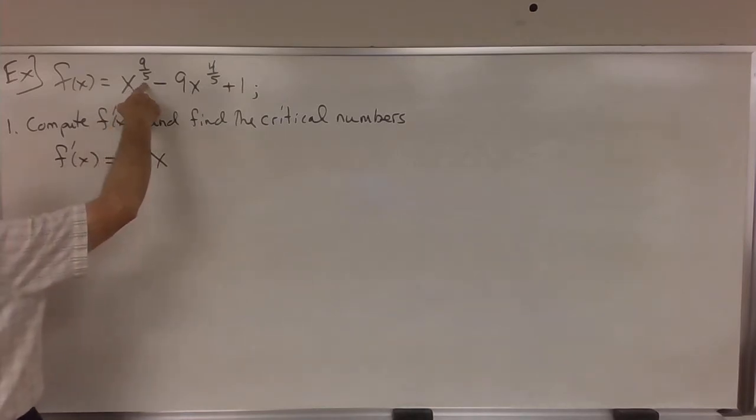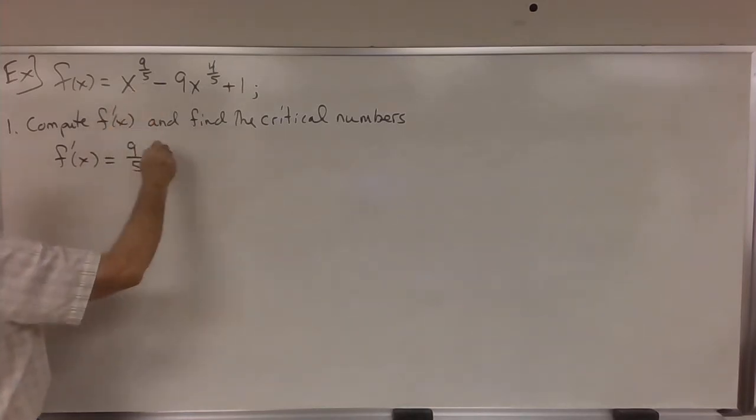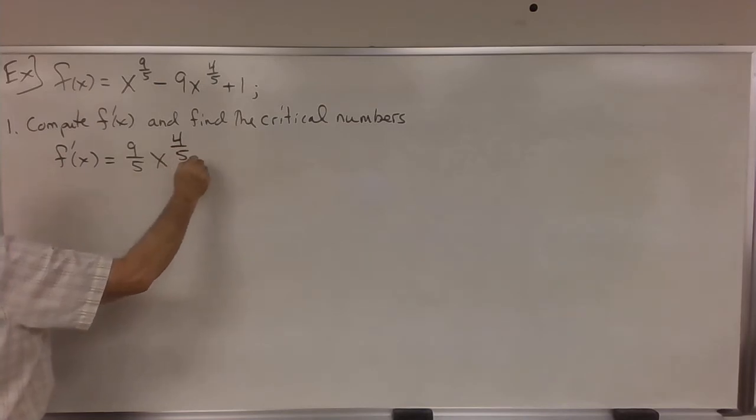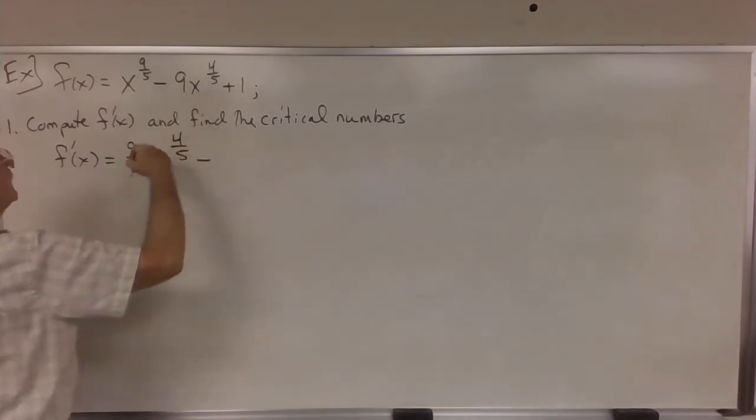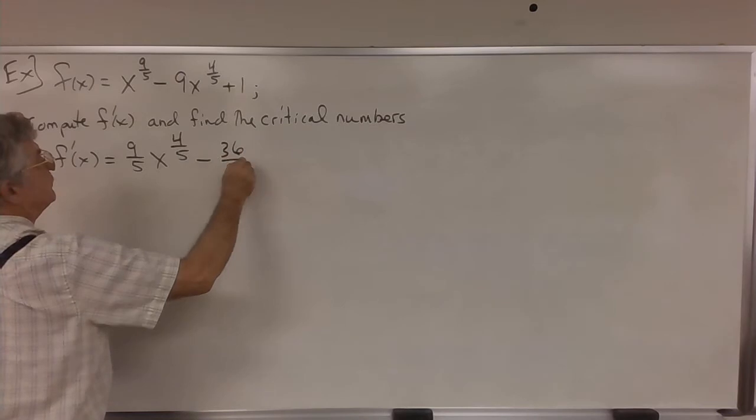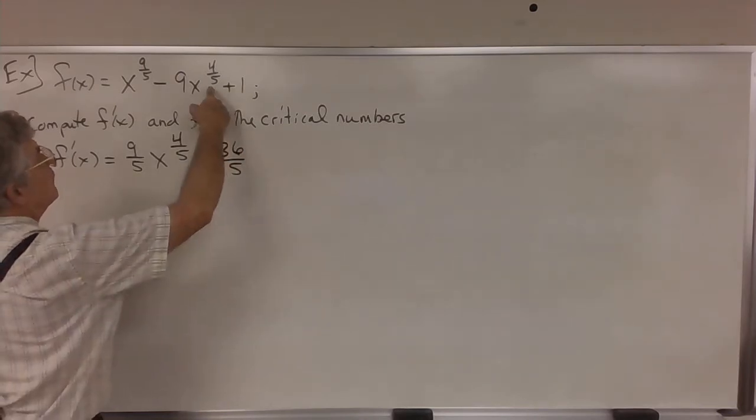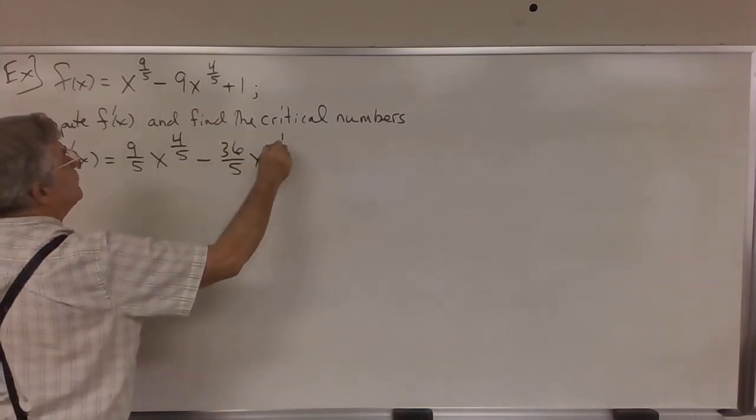See, 9/5 minus 5/5 is 4/5. And 4/5 times 9 is 36/5. 4/5 minus 1 is negative 1/5.